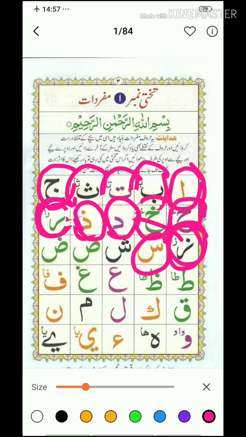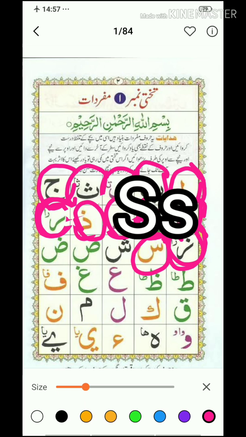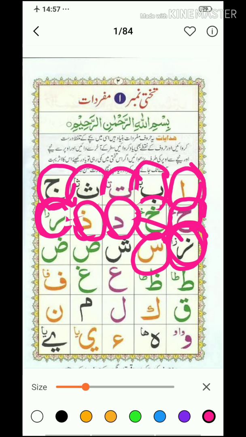Then the next letter is Sin. This is how you make this letter sound, Sin. And if we compare this letter with an English letter, we can say that it sounds like S, as in sparrow. So in Arabic, we pronounce it Sin.